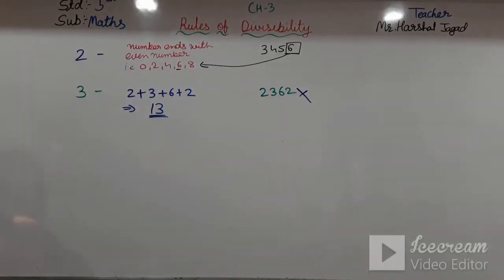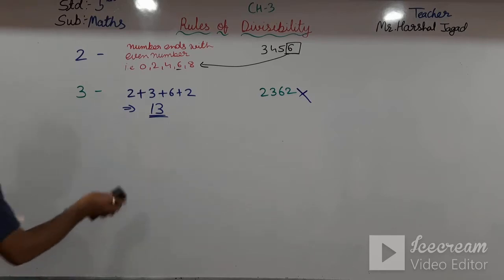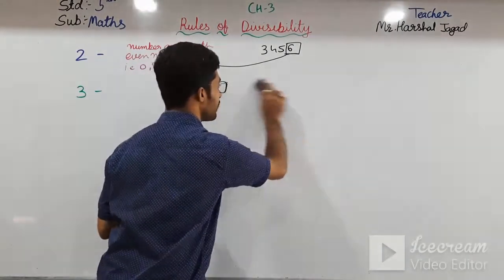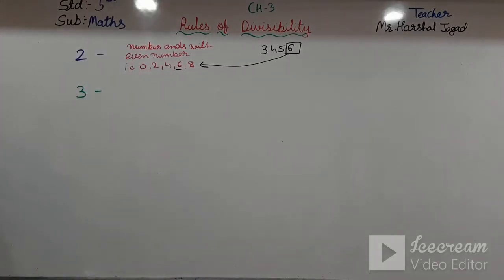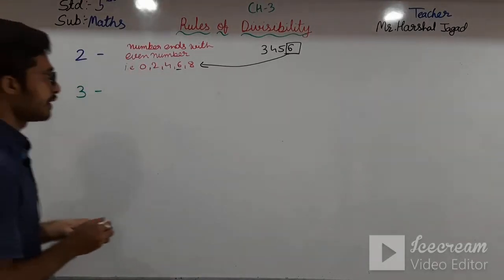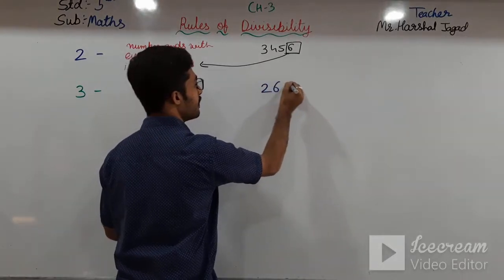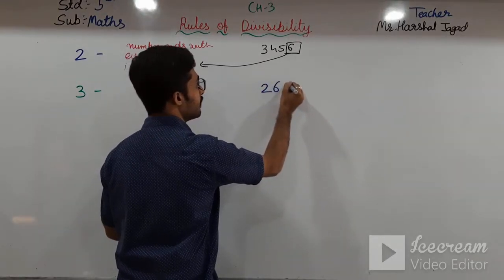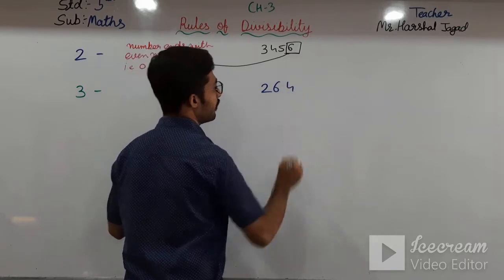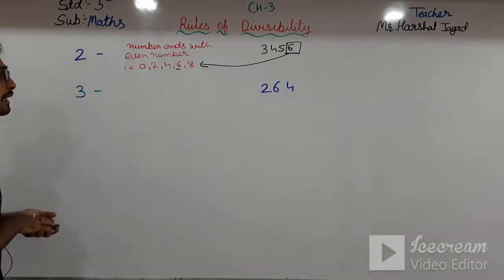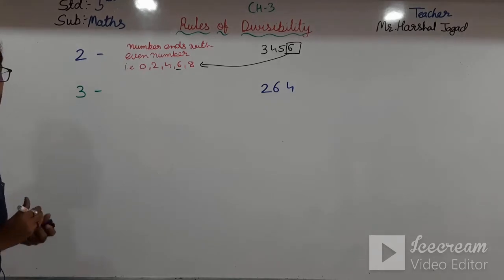See here, let us take another example which is not in your textbook. That was your textbook example. If I take 264, how can we know whether it is divisible by 3 or not?